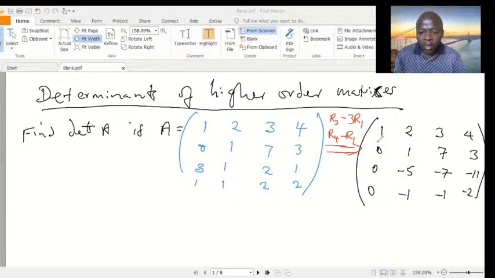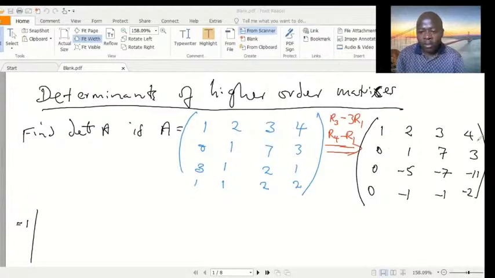Now I want to go along this. So therefore, the determinant will be 1 multiplied by the determinant of the matrix that remains when you delete this row and this column.